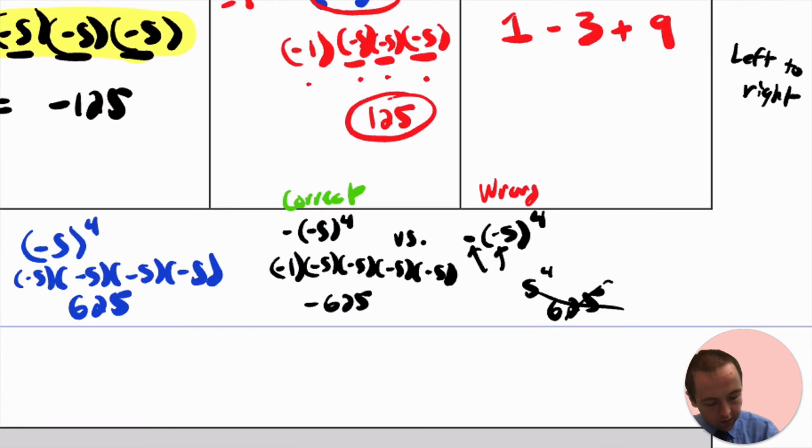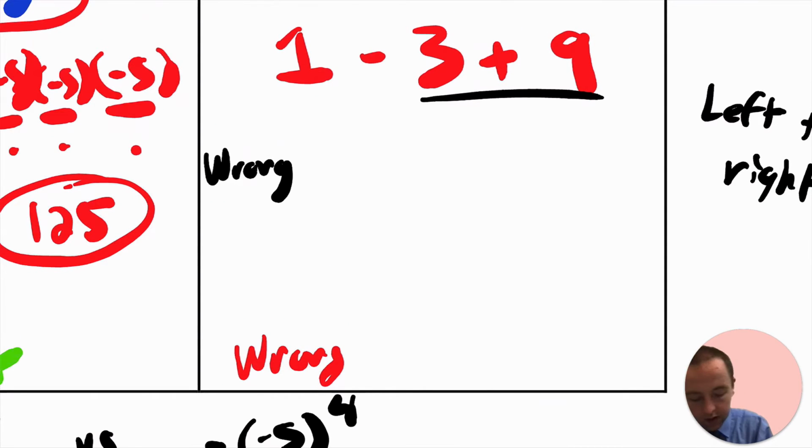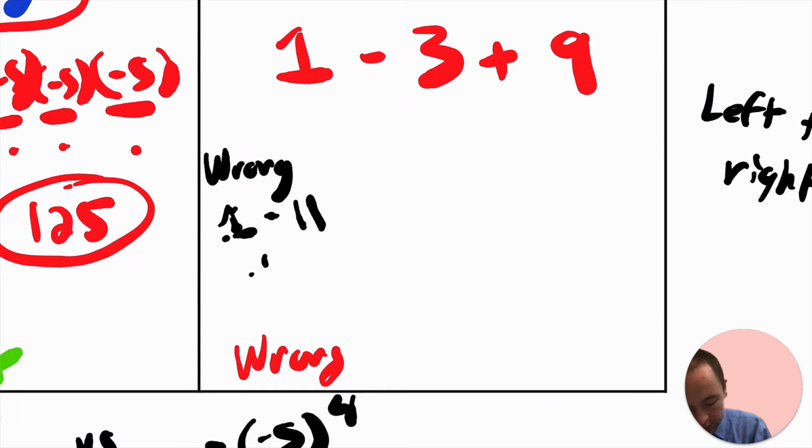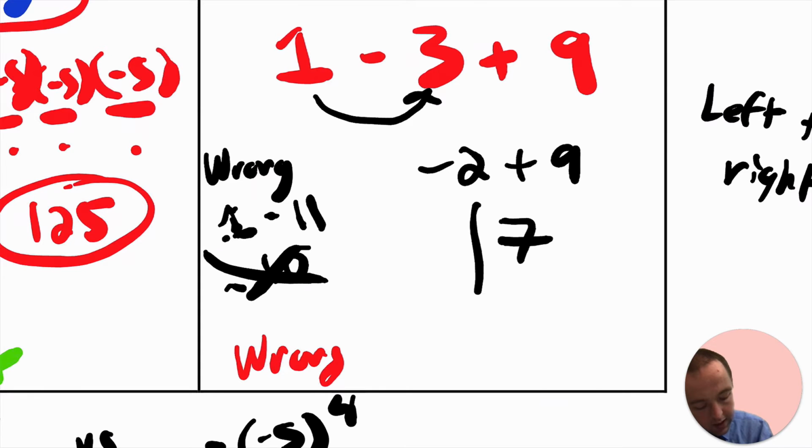The wrong way would be to do 3 plus 9 first, and then you change it into 1 minus 12, which would be negative 11. But it turns out that is the wrong answer. The correct way is to go from left to right, so 1 minus 3, which is negative 2, and then negative 2 plus 9, which is 7, and that's the correct answer.